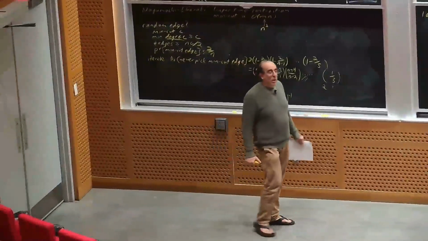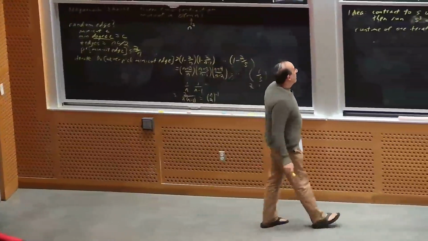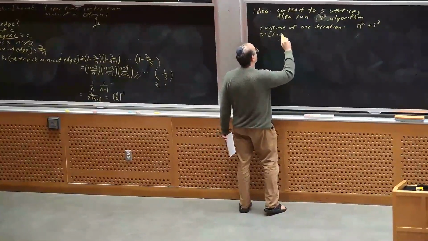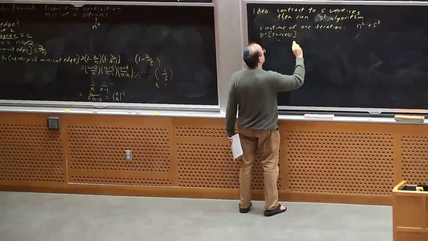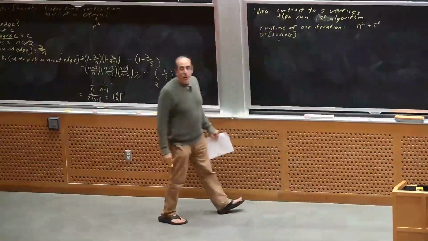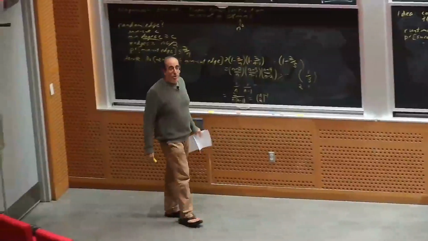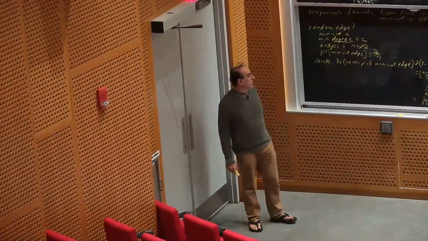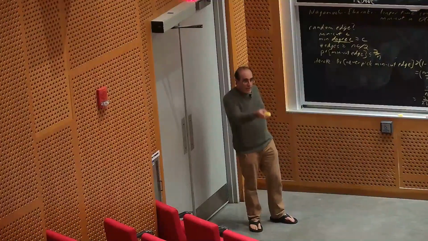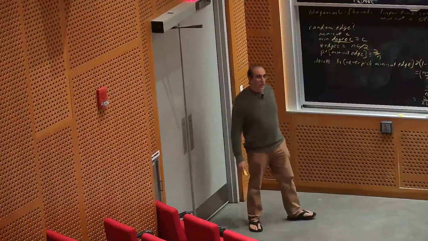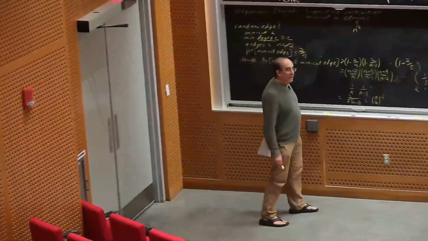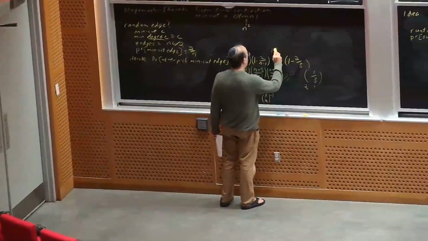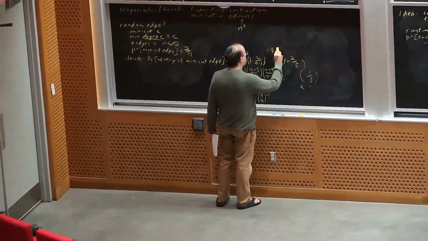But what's the benefit? The benefit is in the probability of success. So how can we assess the probability of success if we contract to S vertices? You only take the first n minus S terms of this product? Exactly. So we're going to stop at 1 minus 2 over S or so.